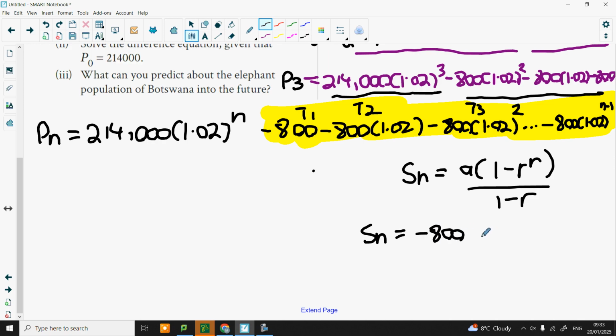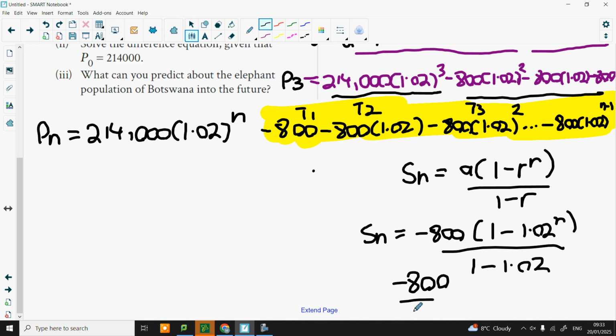So what are we getting here, guys? Minus 800 times 1 minus 1.02 to the power of n. Okay, can somebody give me the answer for minus 800 divided by minus 0.02? 4,000.